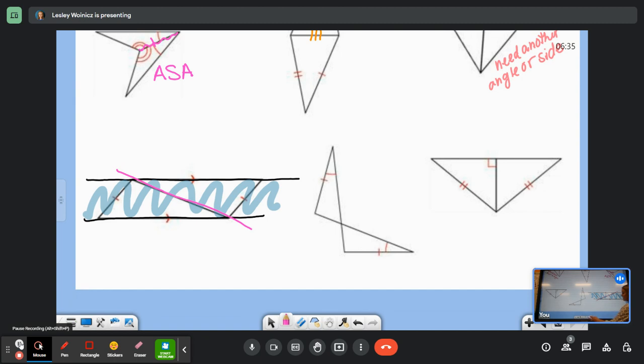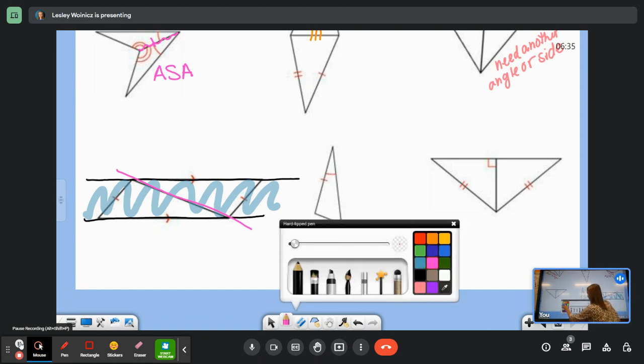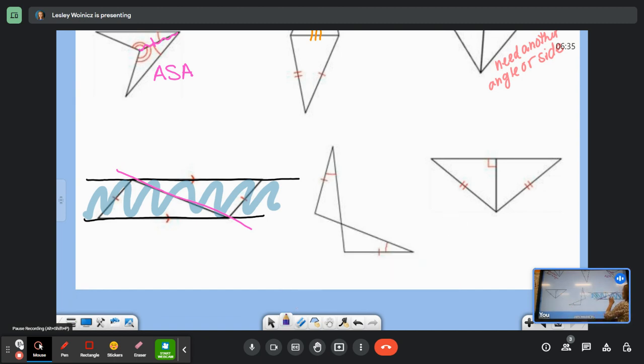What you can see here is that I have a pair of congruent angles that are alternate interior angles. Interior to the parallel lines, alternate sides of my transversal.